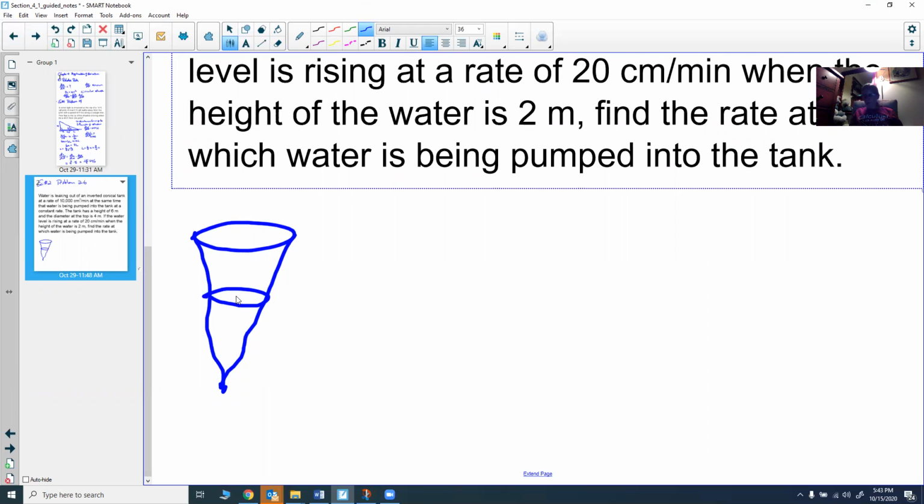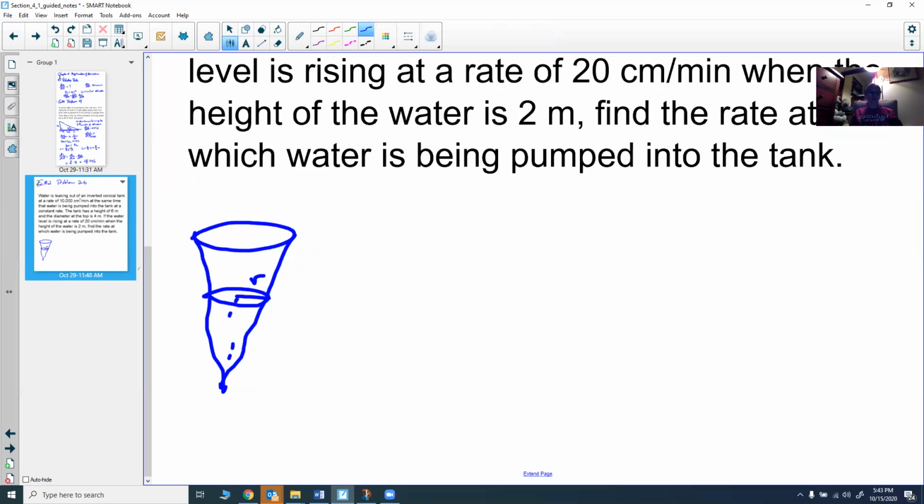So this is where I am. It's going to have some radius because it's a conical tank. So no matter what, it's going to be spreading out and it's going to have a certain radius. And it's going to have a certain height that it is from the base. So one of the things we remember is we do know the height of the conical tank.